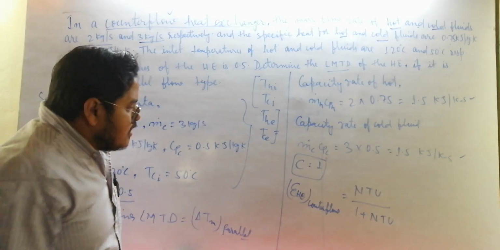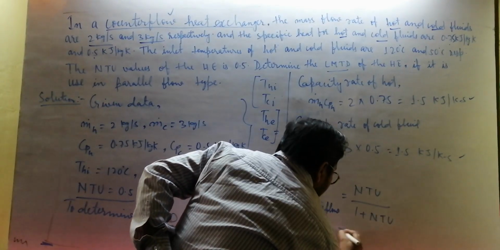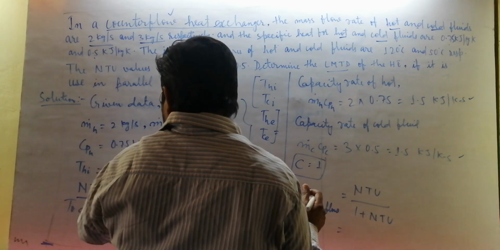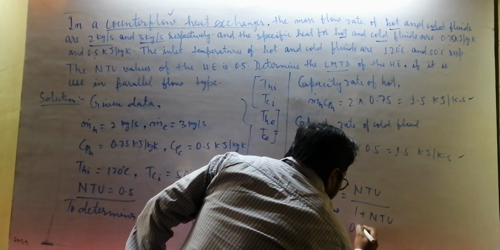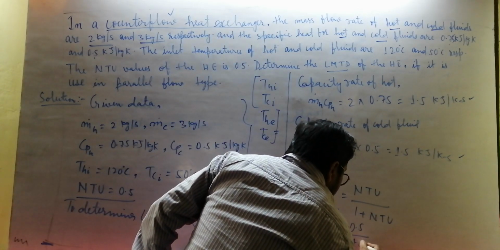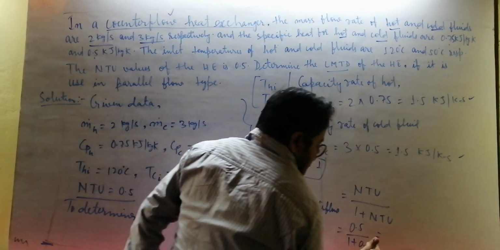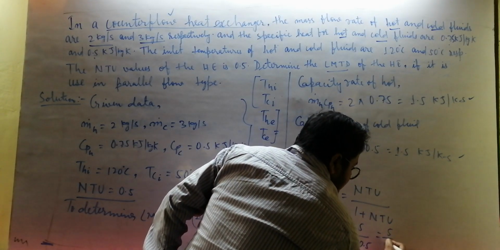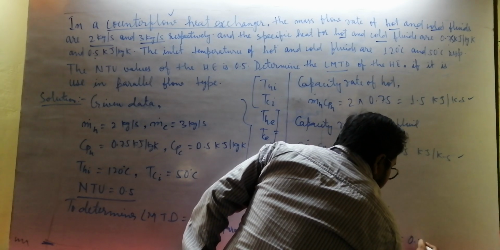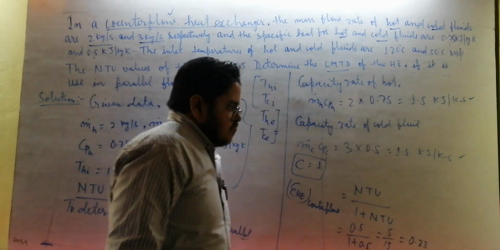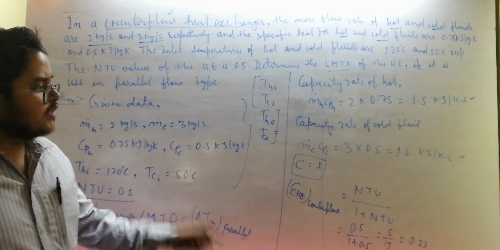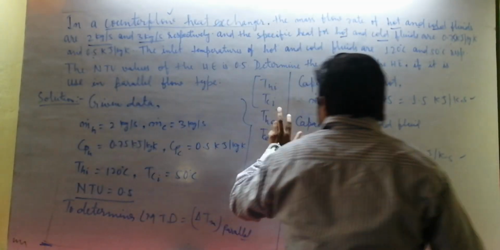The NTU value is given as 0.5, so 0.5 by 1 plus 0.5, that is 0.5 by 1.5, which equals 0.33. Now I will find the other temperatures.